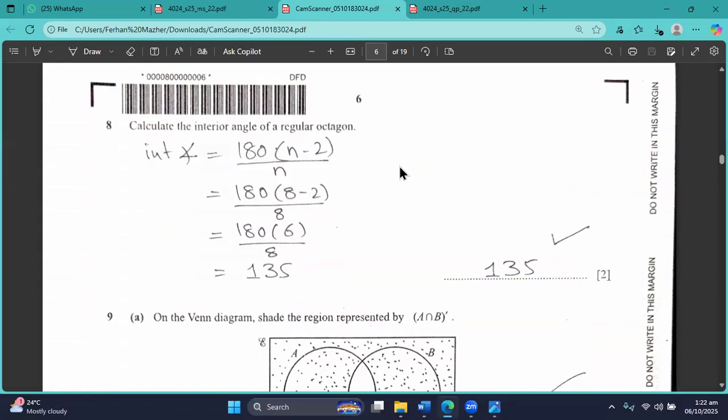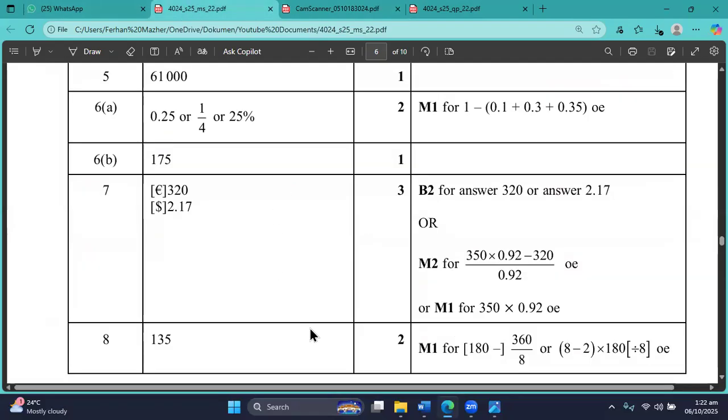In the case of the octagon, n means 8 sides. So 180 into 8 minus 2 divided by 8. So 180 into 6 divided by 8, that is 135. So the internal angle of a regular octagon will be 135.